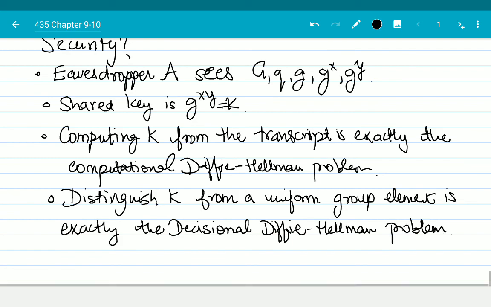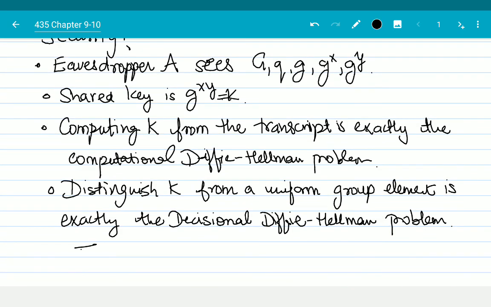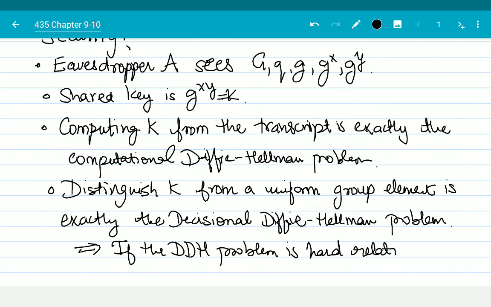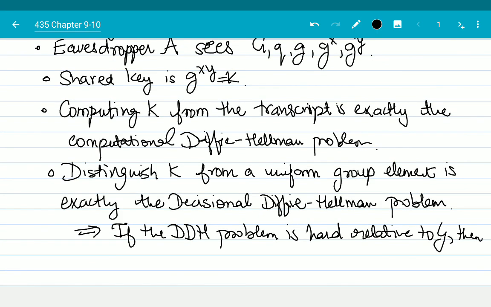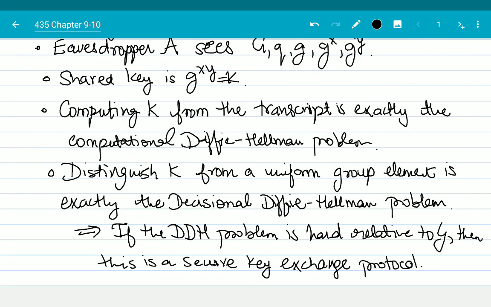Right? As a result, we get that if the DDH problem is hard relative to G, then this is a secure key exchange protocol. Okay.